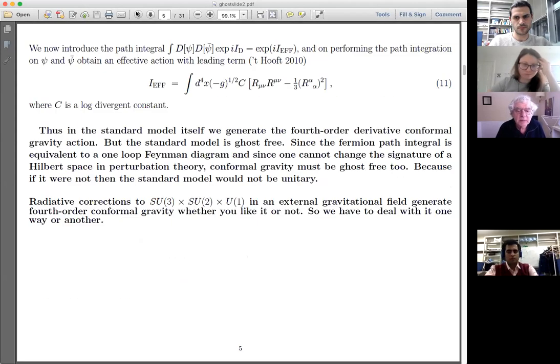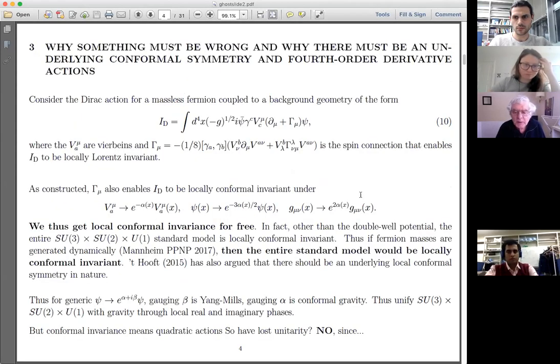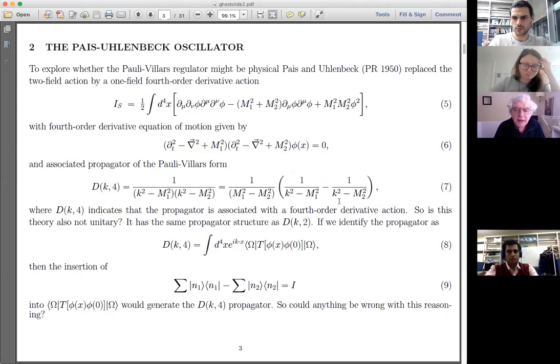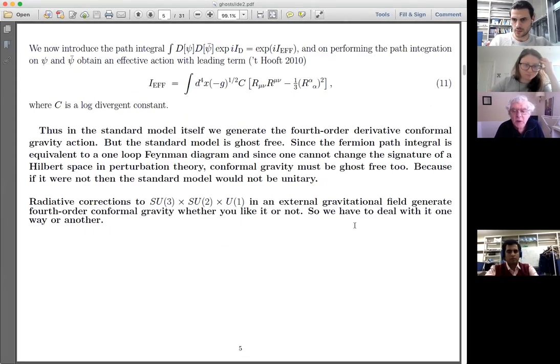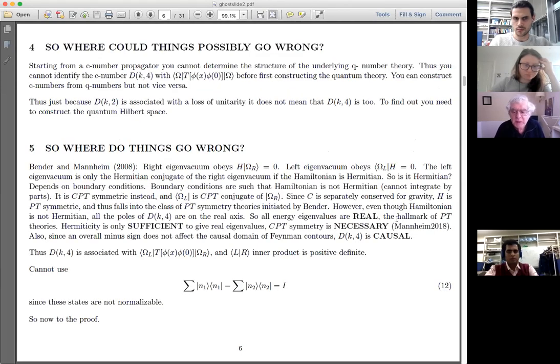Let's just look at it. All the poles are on the real axis. So whatever happens, we know that all the energy eigenvalues are real. That can't change. But we have a theory which is not Hermitian, but nonetheless has real eigenvalues, and that's exactly what these PT theories are. Hermiticity is only sufficient to give real eigenvalues. CPT symmetry is necessary.